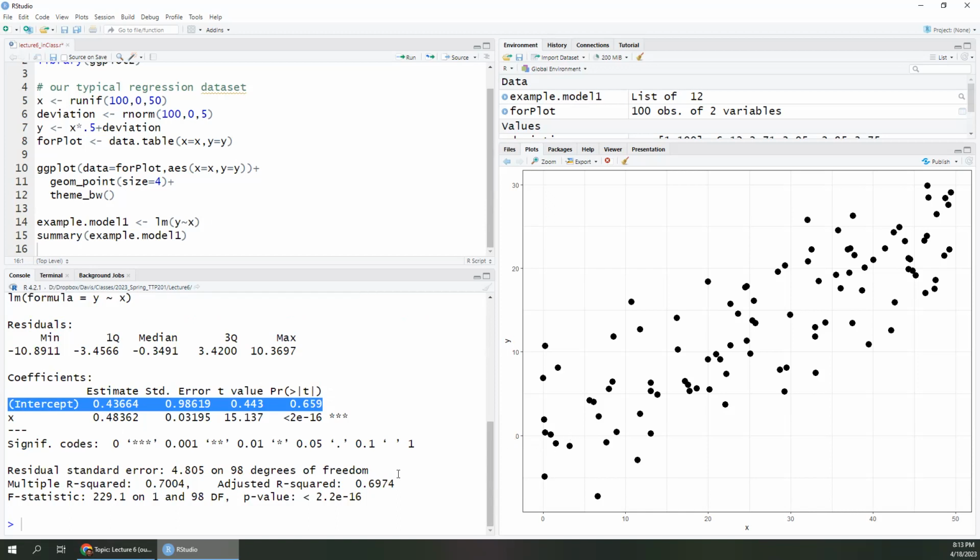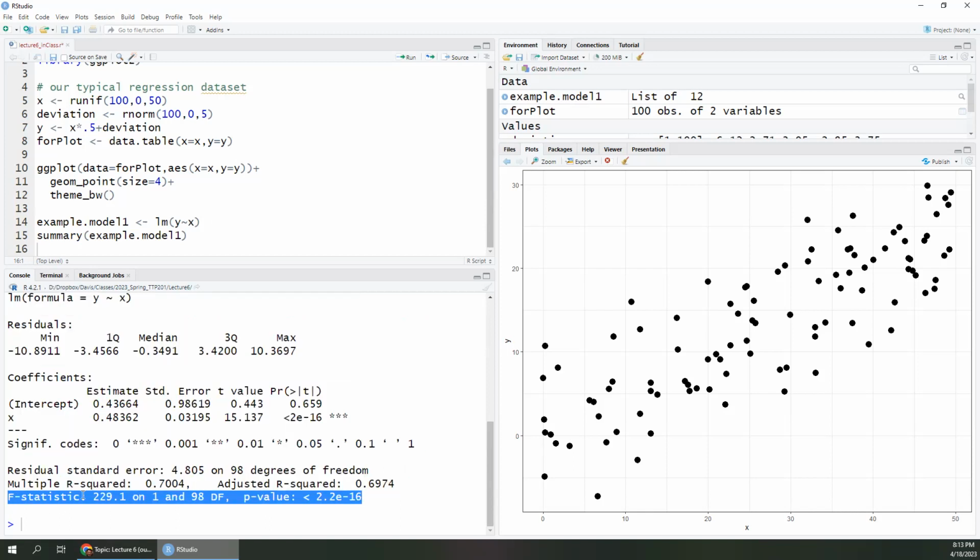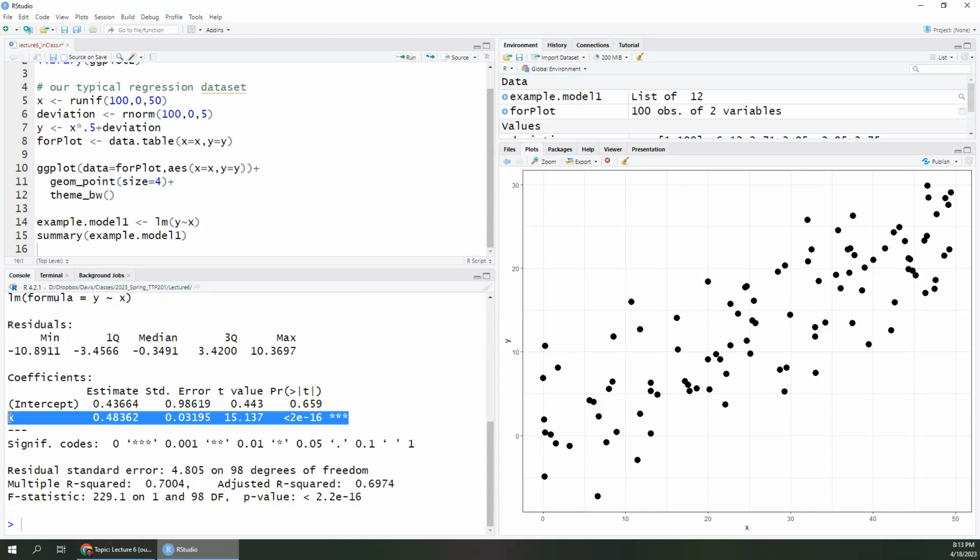One quick thing to note from last time: I talked about the F statistic. When you only have one variable, your p-value is going to be exactly the same as what's shown for the standard error. In this case, I actually also have an intercept, so it's slightly different. But essentially, they're going to be testing very similar hypotheses.